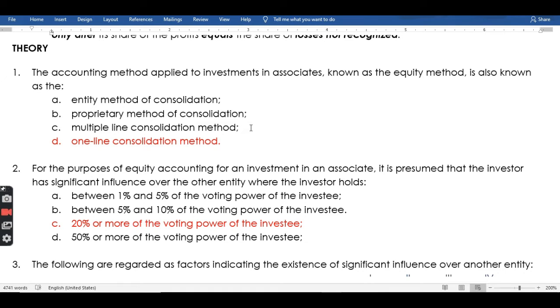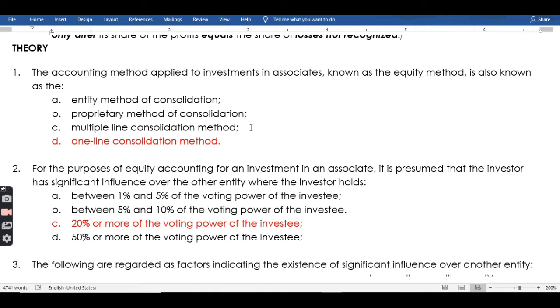Ibig sabihin, hindi natin kailangan i-consolidate yung ating financial statement with the associate na yung usual na pinoprovide ng PFRS 3 and PFRS 10. Ibig sabihin, ang gagawin mo lang dyan, yung lahat ng result ng operations ng ating associate, iipunin natin yan sa isang single account, which is yung investment in associate account.